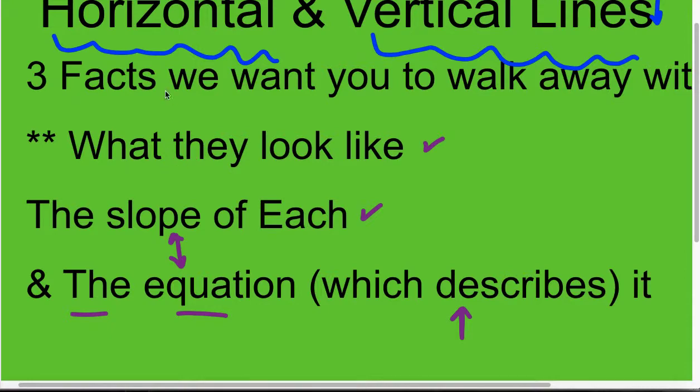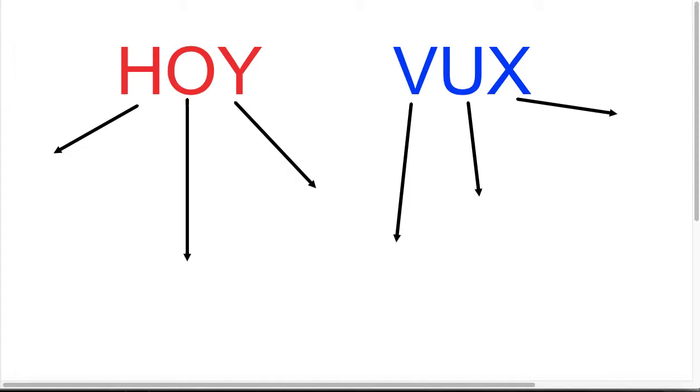Depending on who you had as a teacher, you might have learned a little mnemonic phrase to help you. I'm going to review it. This mnemonic is HOY VUX. The H represents a horizontal line. This horizontal line has a slope of 0.